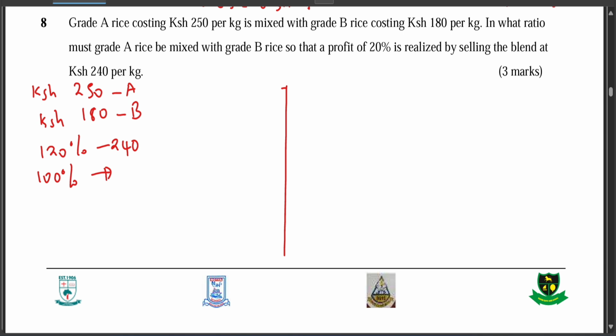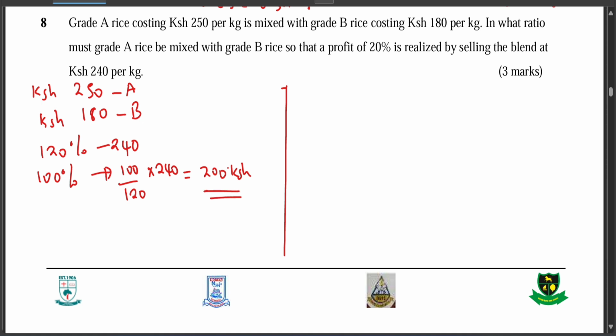So usually you don't use the selling price. So you find the cost price, which is 100 divided by 120 times 240, which gives you 200. So it gives you 200 Kenya shillings.